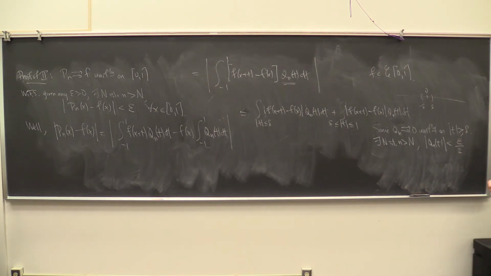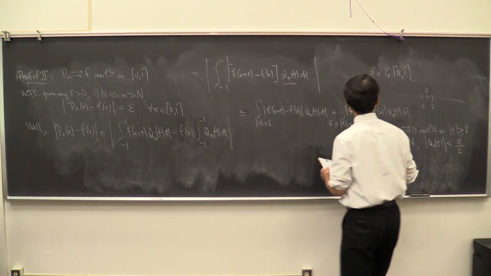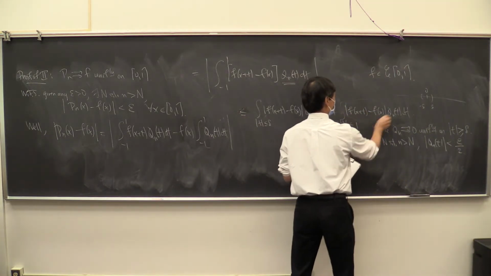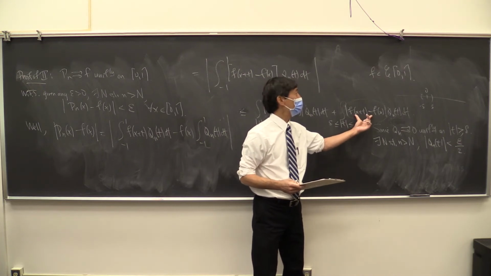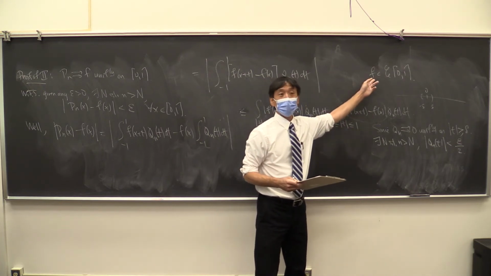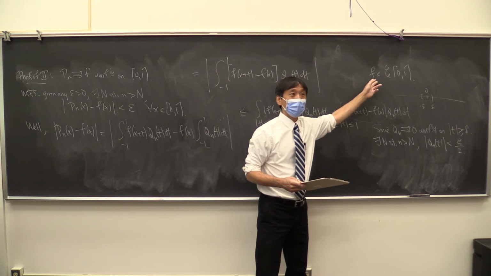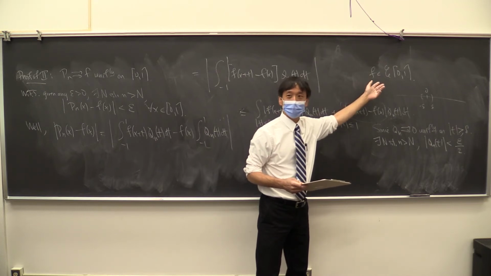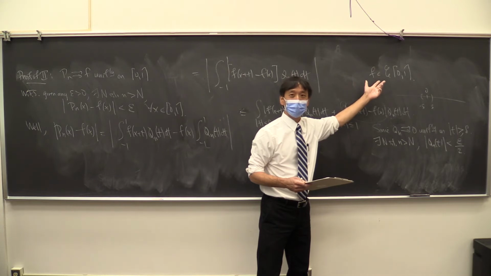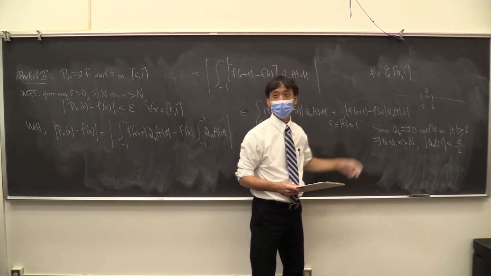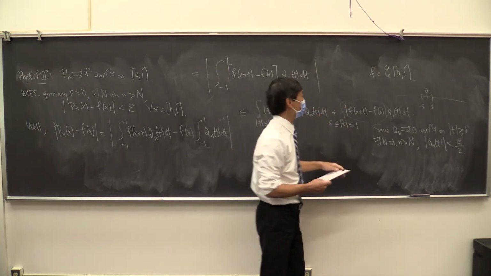Okay. Actually, we need something a little bit better than epsilon over 2 because we need to control this thing too. But this thing is easy to control because our function is a continuous function on a compact set, right? So what do we know about such functions? Continuous function on a closed and bounded interval is bounded. The extreme value theorem tells you that it's bounded.